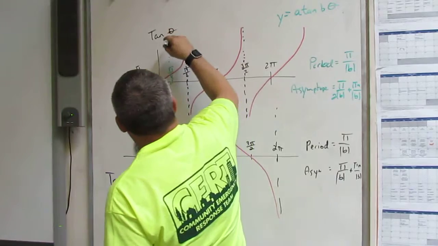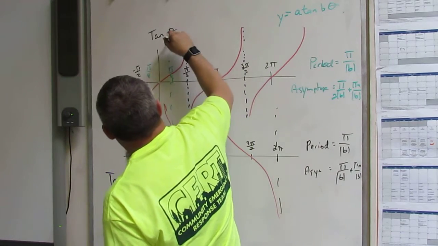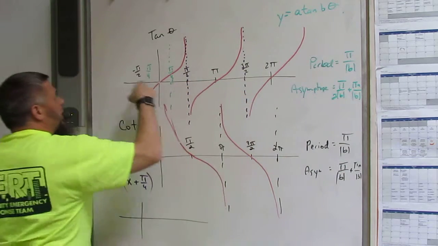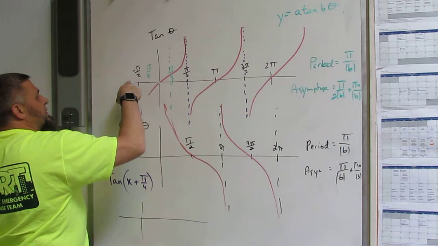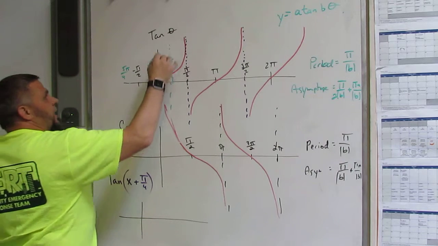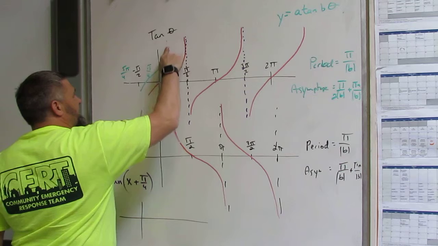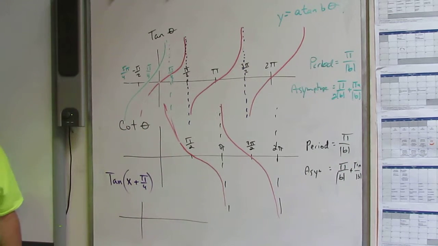And then we'd have another pi over 4 here, and this would go over here, right? So this would be 5 pi over 4, and we would come across and down.